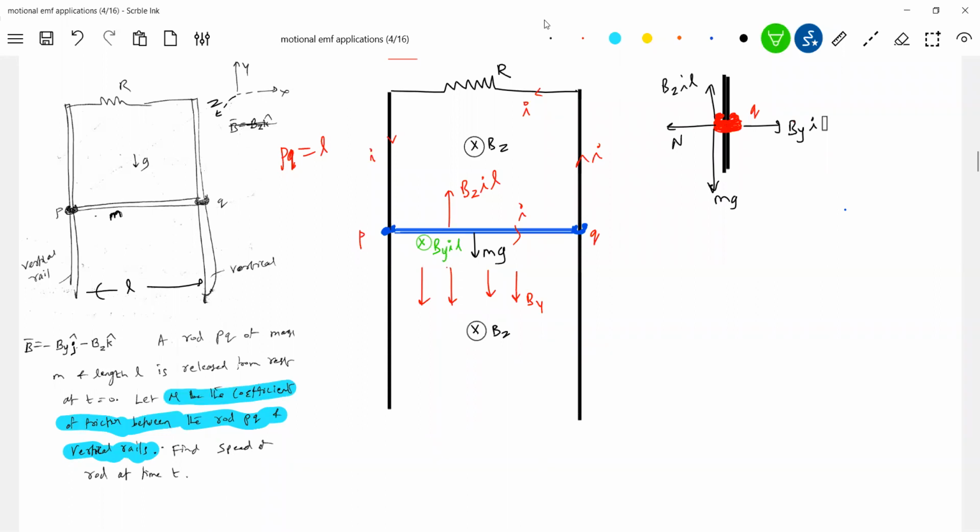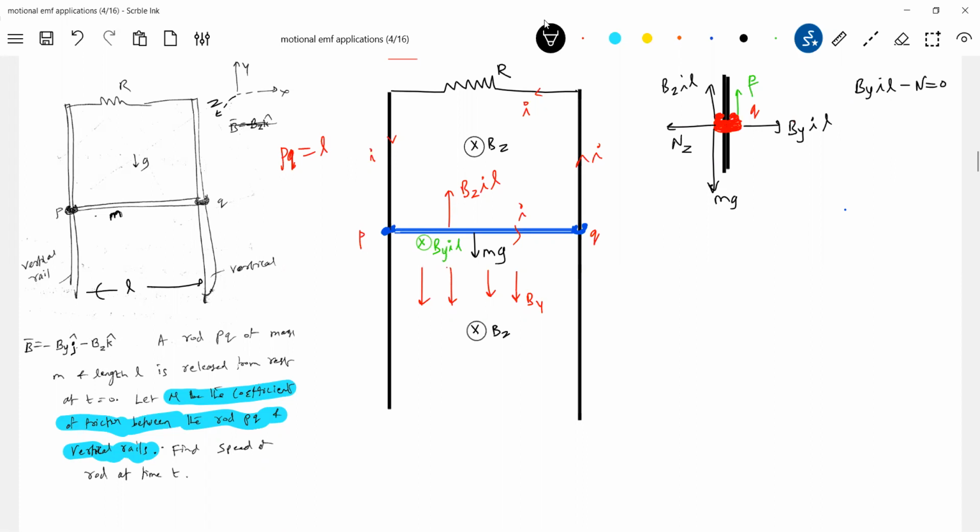How should the friction act? Friction should act upward. And what is F? F should be equal to, first, what is N? Actually, the friction will act at both P and Q. I'm showing it only at one point. Please do understand. So B_y I L minus N equal to 0. Now what is the direction? Shall we put N_z?